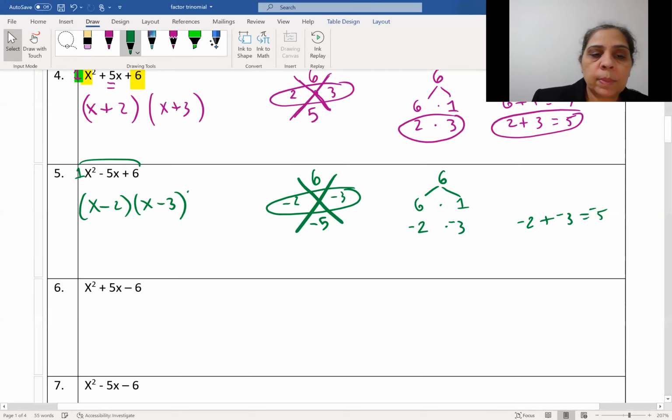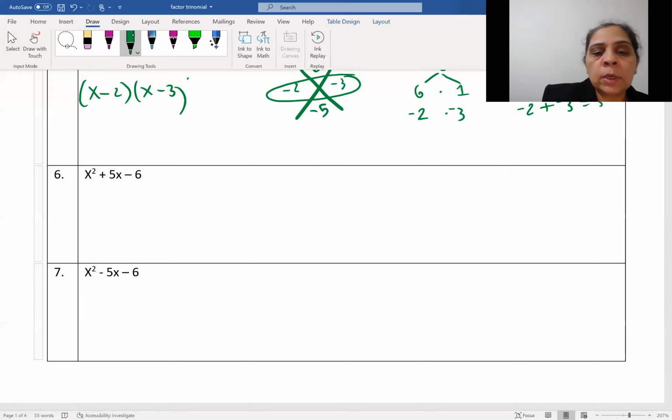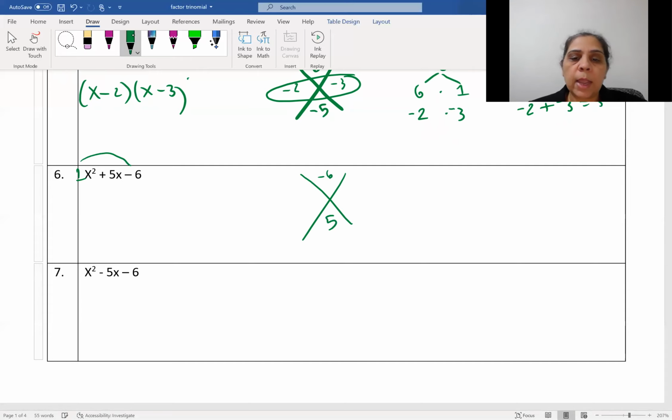Next one we have x squared minus 5x. The coefficient of x squared is 1. We can write on top 1 times negative 6 is negative 6, and the coefficient of the middle term is 5. So now the top number is negative, so we will get one positive and one negative number. So let's see, negative 6 times 1 is negative 6.